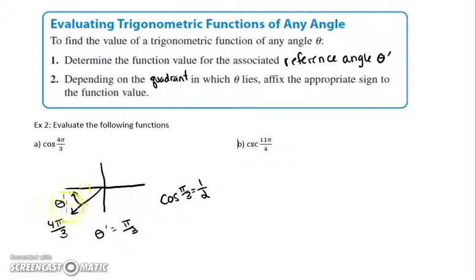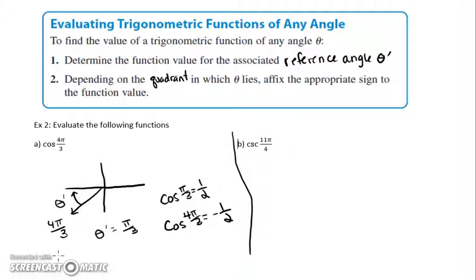But we're in quadrant 3, so cosine has to be negative. So we're going to know cosine of 4 pi over 3 is going to be negative 1/2. Now again, this is just another way to do this problem. You should know what cosine of 4 pi over 3 is. That's in your unit circle. So this isn't saying you have to do it this way. It's just another way to think about it.